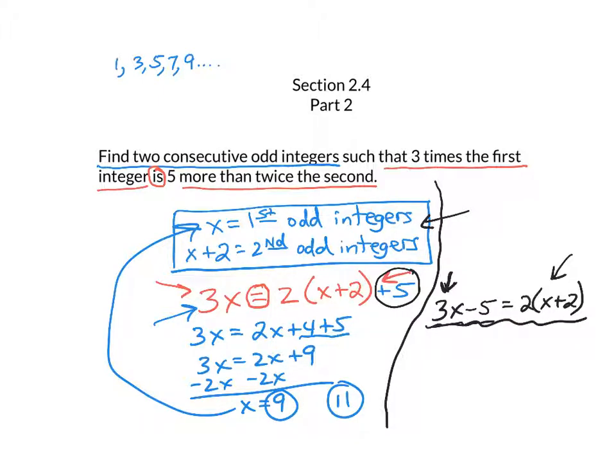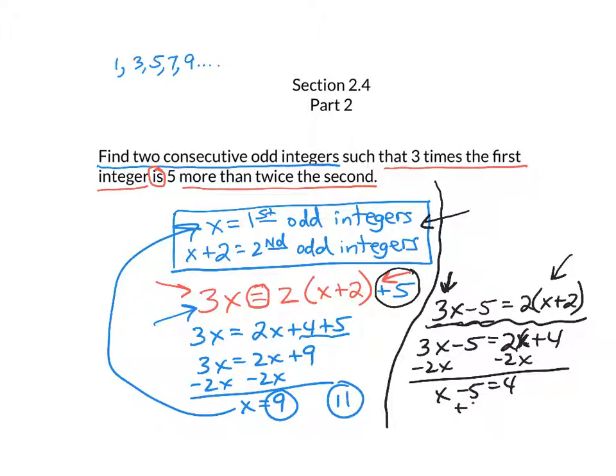So let's go through and solve this equation. If I solve this equation, I get 3x subtract 5 is equal to, I'm sorry, I'm going to get rid of the parentheses, 2x plus 4. Now I'm going to subtract 2x from both sides. If I subtract 2x from both sides, I get x minus 5 is equal to 4.